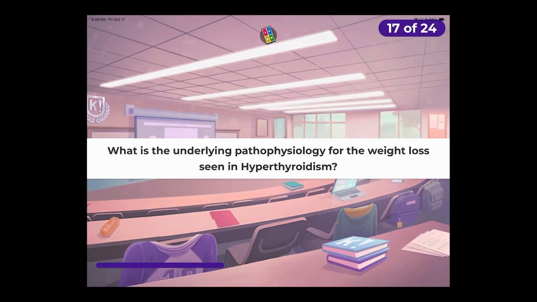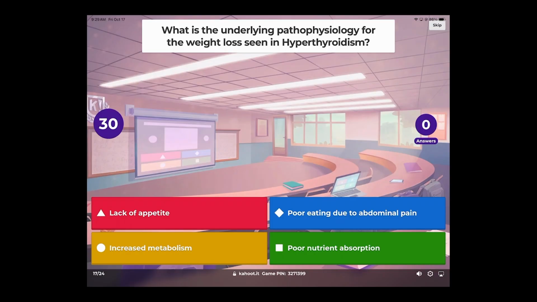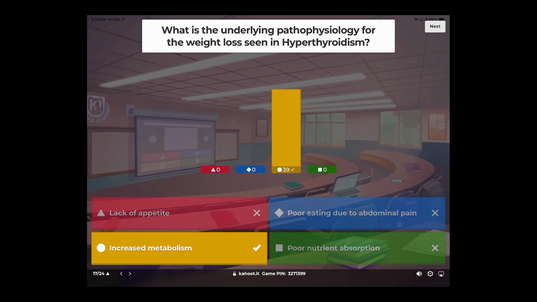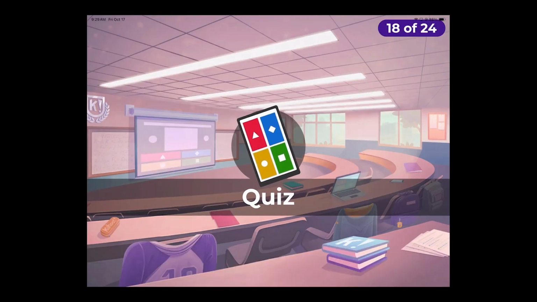What is the underlying pathophysiology for the weight loss seen in hyperthyroidism? Very good. Increased metabolism speeds it all up.